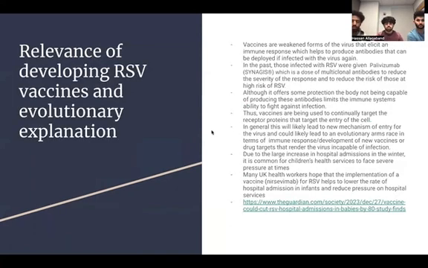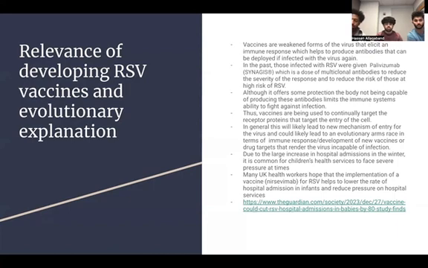The relevance of developing RSV vaccines in an evolution explanation. Vaccines are just a weakened form of the virus that elicits an immune response, and usually this is done to help produce antibodies. In the past, those infected with RSV were given Synagis, a drug which is a dose of monoclonal antibodies, and this reduces the severity of the response in those at high risk.